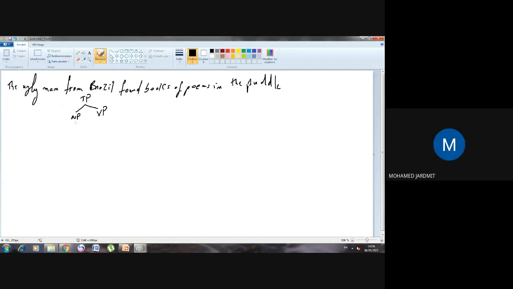From the NP, we have determiner, which is the, and N bar. From N bar, we have N bar and PP. But what about the adjective ugly?